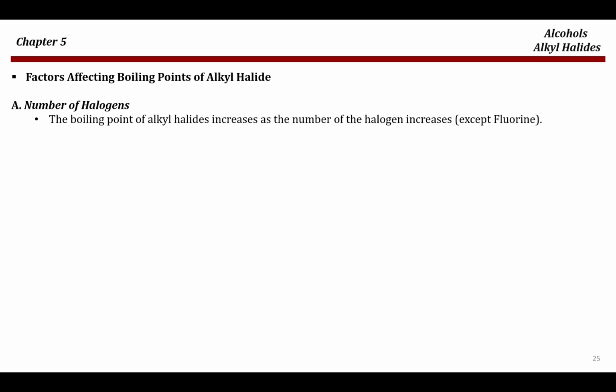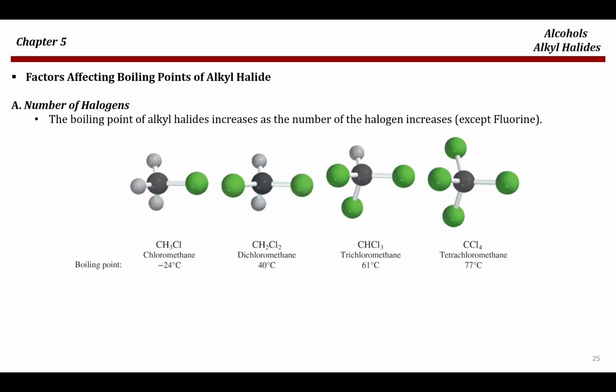Also, the number of halogens will affect the boiling point. Increasing the number of halogens will increase the boiling point, except for fluorine. As you can see here, if we have one chlorine, -24, two chlorines, 40 degrees, and then chloroform or trichloromethane, this is 61 degrees, and finally carbon tetrachloride or tetrachloromethane, this is 77 degrees.